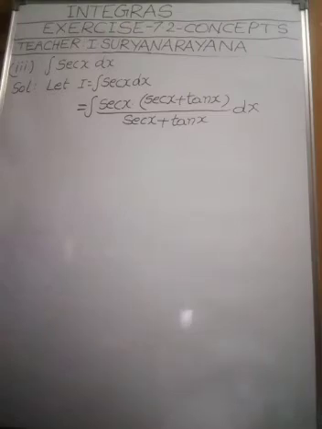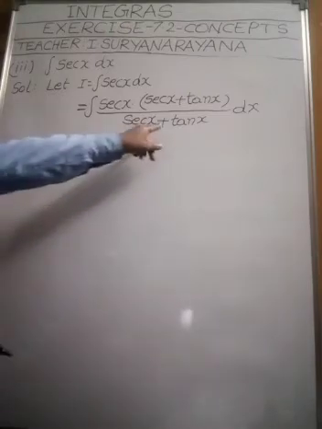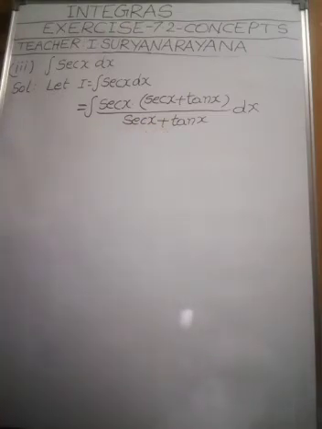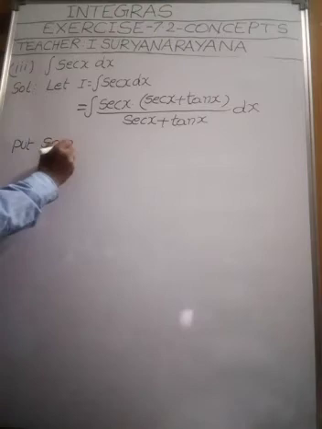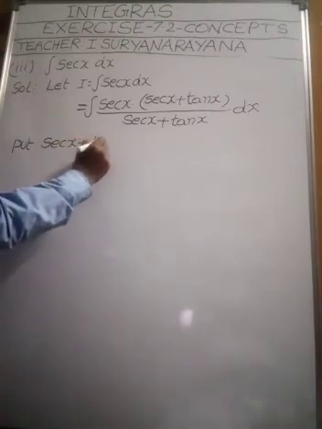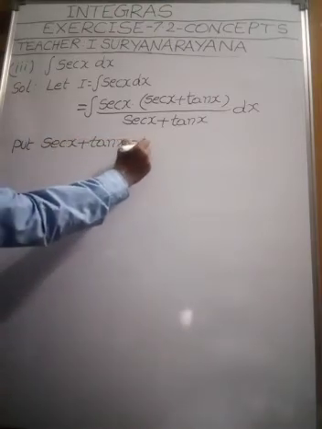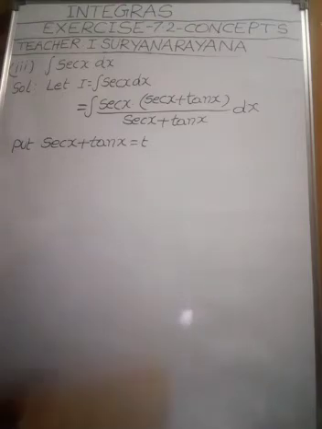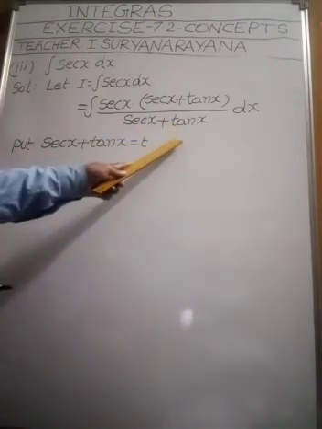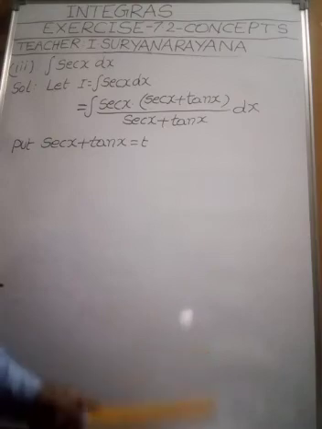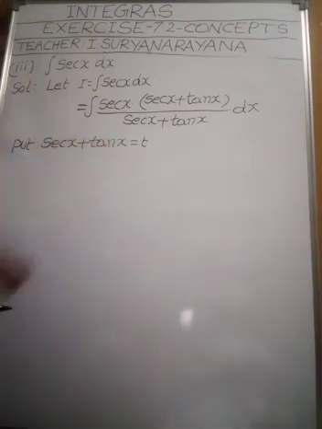Right. Now, in the denominator, what is there? Secant x plus tan x. I told you previously, in general, we take denominator as a substitution. So put secant x plus tan x is equal to t. We are taking this function for substitution. Okay, my children? Understood? Right. Now differentiating with respect to t.